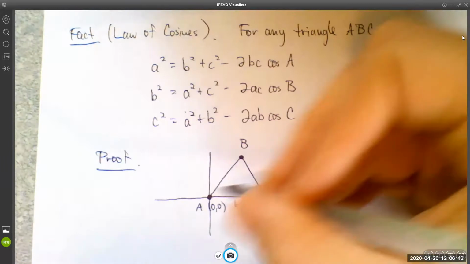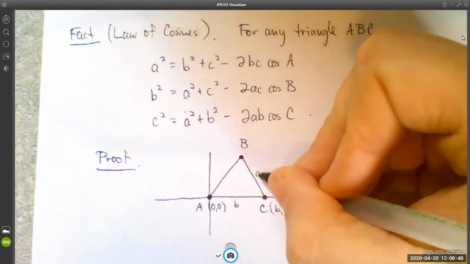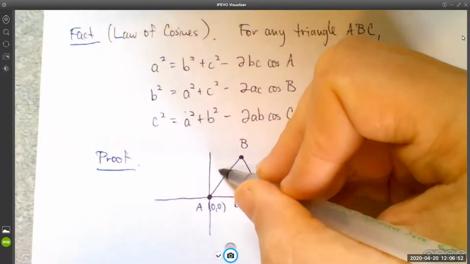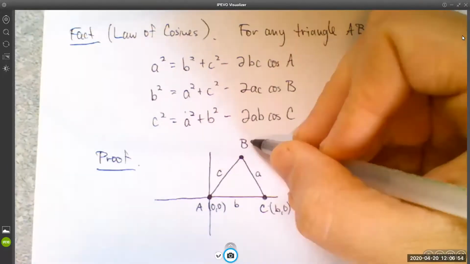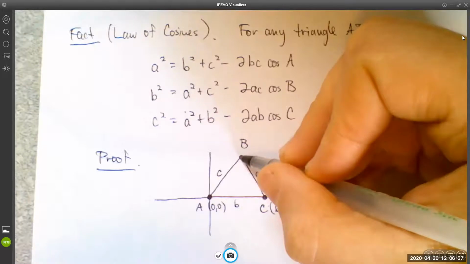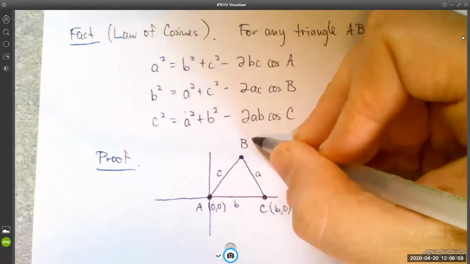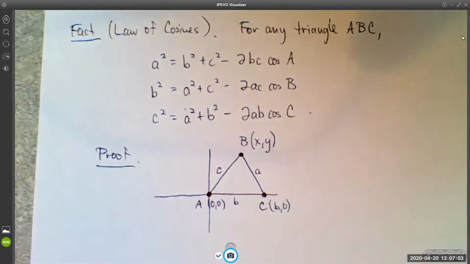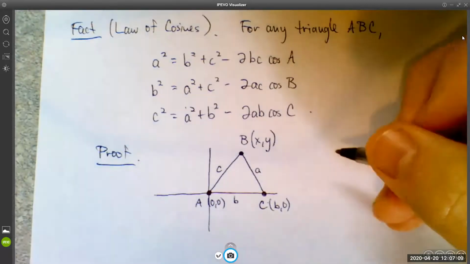I'm going to call this side a, for obvious reasons. And I'm going to call this side c for obvious reasons. Now, point B, it's a little bit more difficult to say what those coordinates are. We're going to write them down in a second, but for now, let's just call them x, y. And then let's figure out if we can write down in terms of a, b, and c what x and y are.